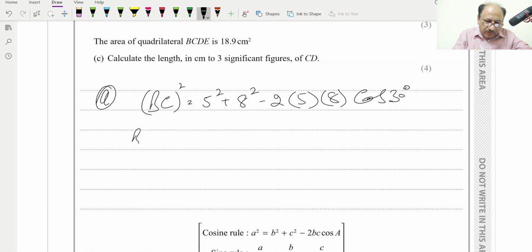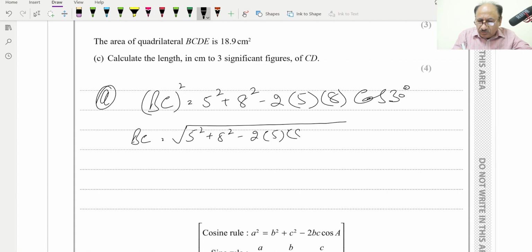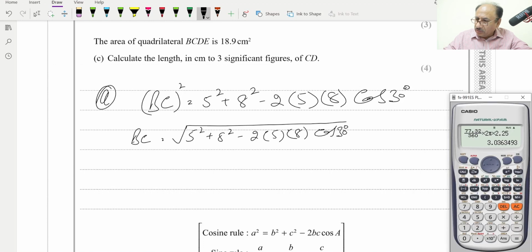Now we can find BC by taking the root of this whole thing. We can write 5 squared plus 8 squared minus 2 into 5 into 8 cos of 30 degrees, and we can use a calculator for this.